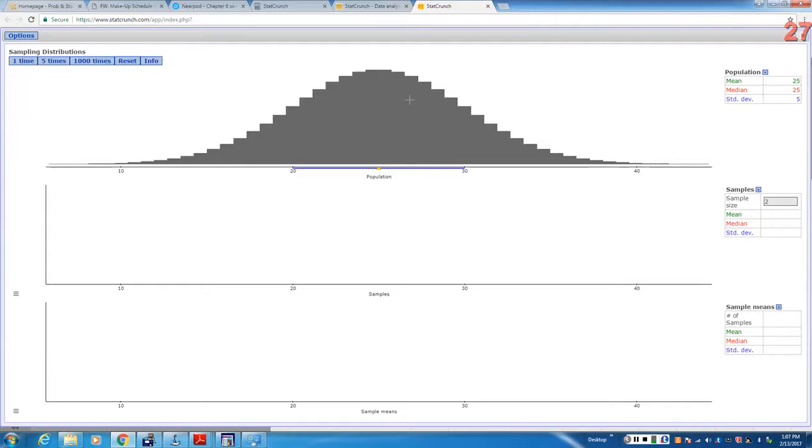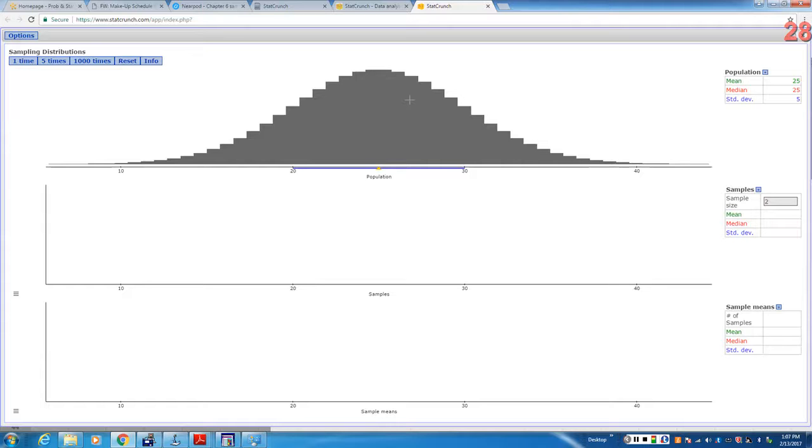Anything we've been doing last week? Standard normal distribution. That's your normal distribution. That's correct. Now, this normal distribution is a population, and it's a population that is normally distributed. Okay, so that population is normally distributed.